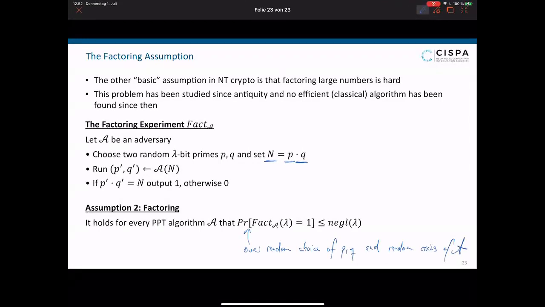Okay, so someone asked in the chat, it is proven that this is an NP-complete problem, right? Conditionally, right. So one can define a version of the factoring problem, which turns out to be NP-complete, but it's not this problem.